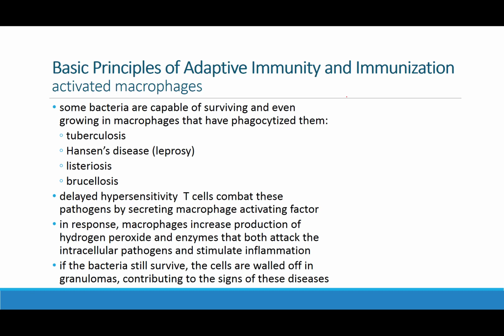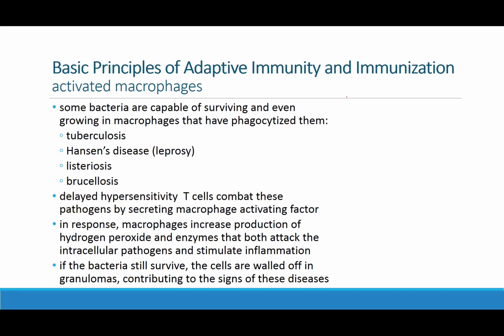Another cell that can go out and do work is the activated macrophage. Once a macrophage has phagocytized a bacterium, sometimes the macrophage becomes like a little host cell for these bacteria. The bacteria survive for sure and can even grow and reproduce inside these macrophages.